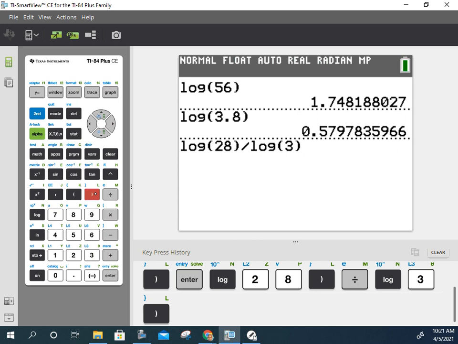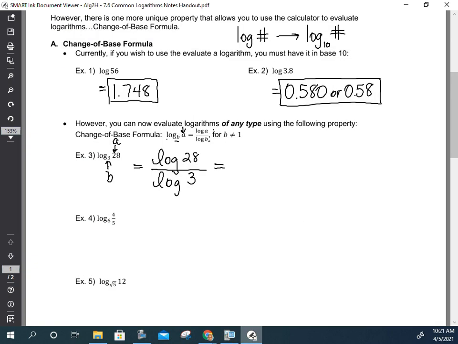Close the parentheses. So you have 3.033. There's a 1 behind it, but that doesn't change. 3.033. That's it.